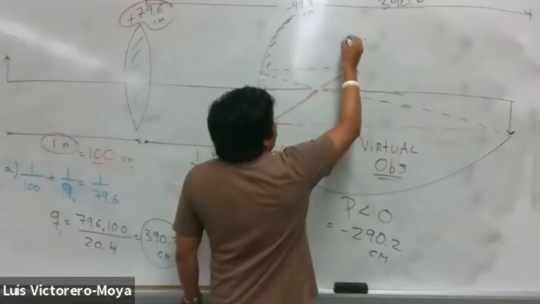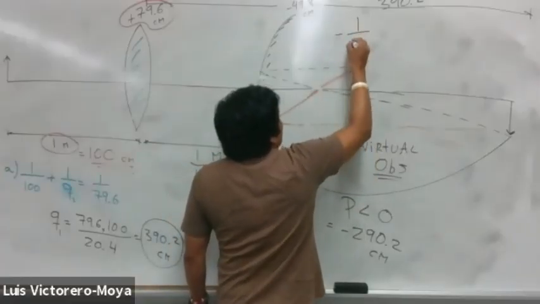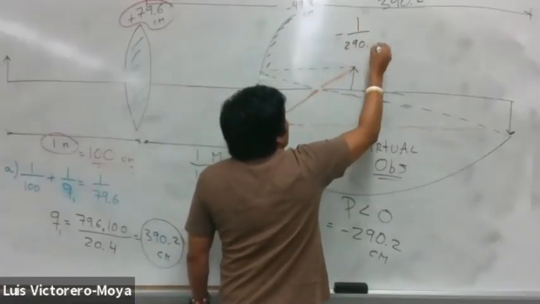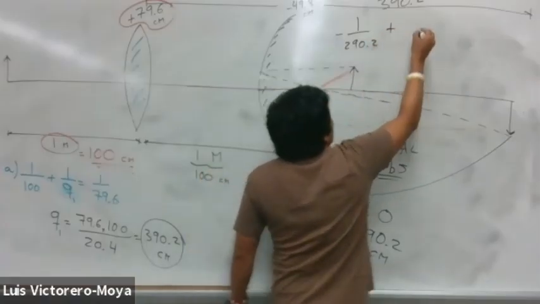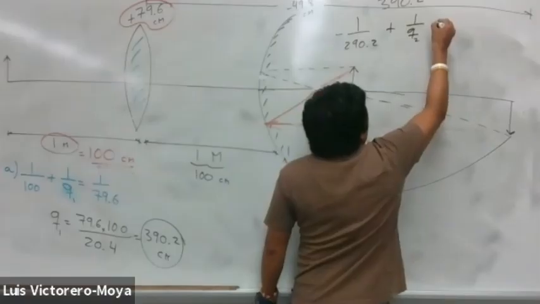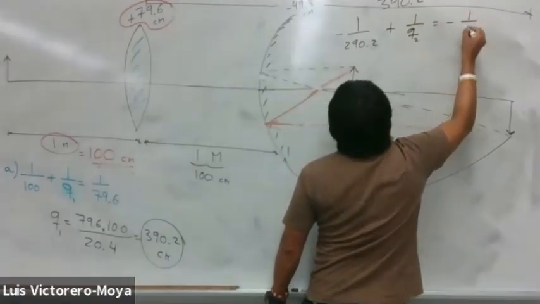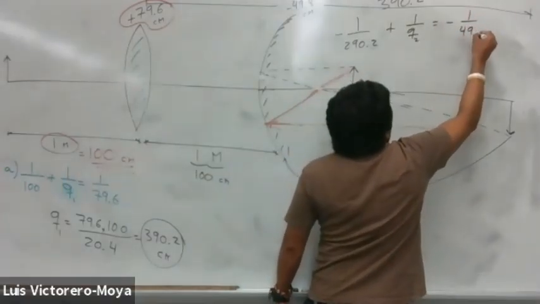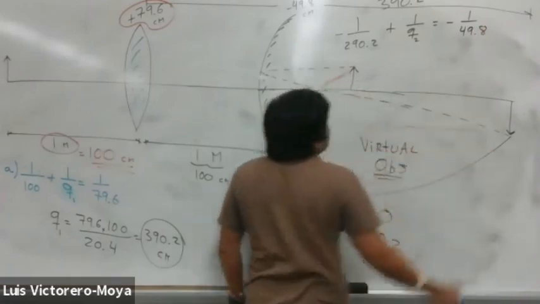We're gonna get minus 1 over 290.2 plus 1 over Q2 equals minus 1 over 49.8.